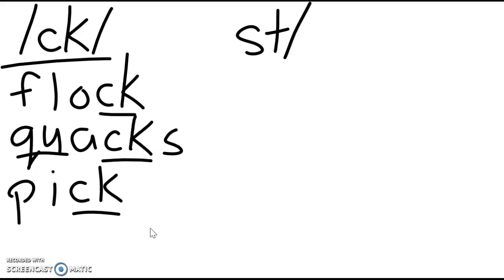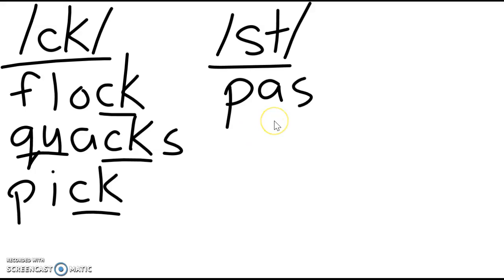Okay, we're also going to do some words with the blend st. Sound, p. Sound, ah. Sounds, st. Let's blend. P, ast. Word, past. I think you've had that one in the past already.